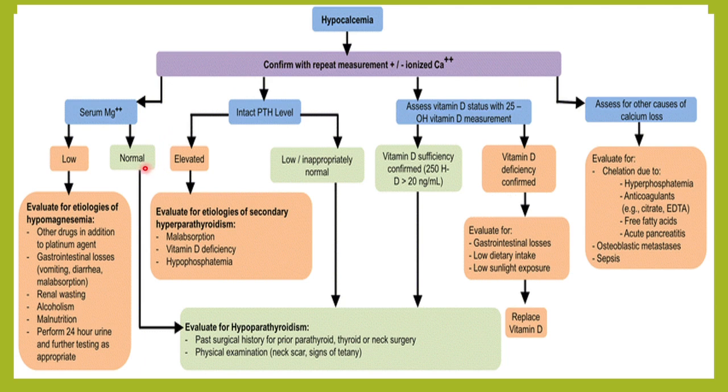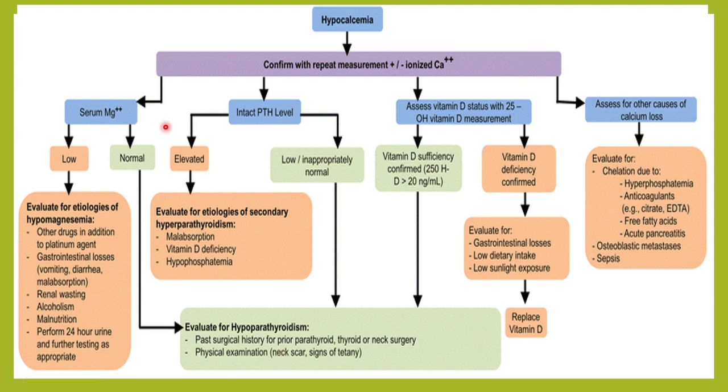Again, think whether it is due to defect in the parathormone, whether parathyroid was removed. That is why now the patient is having less calcium and his magnesium is normal.